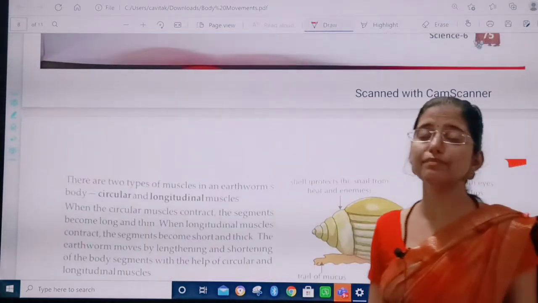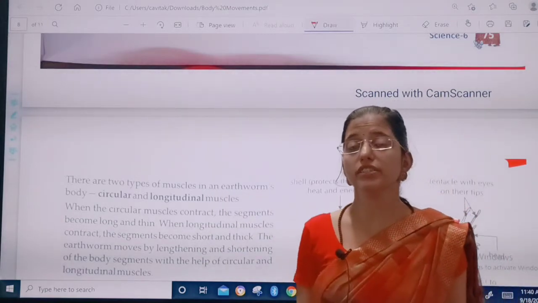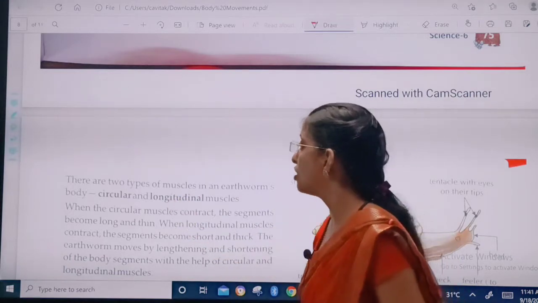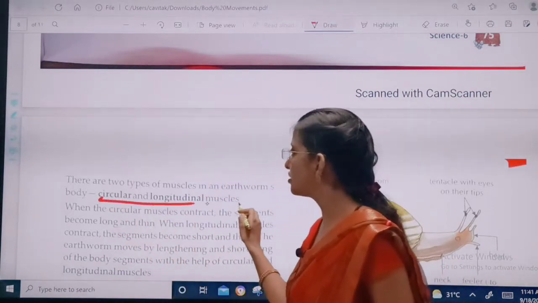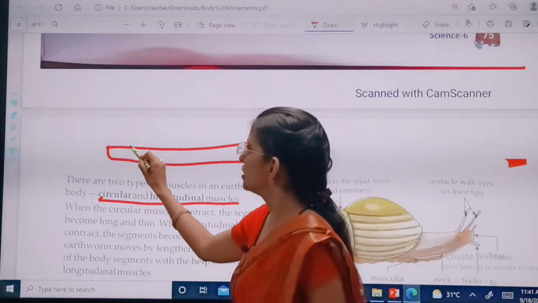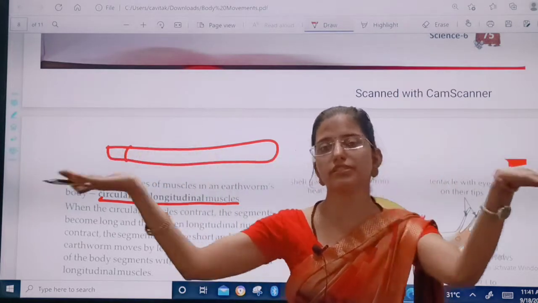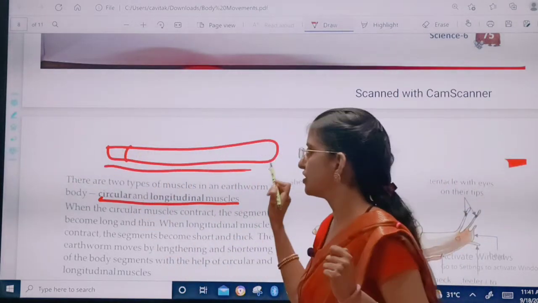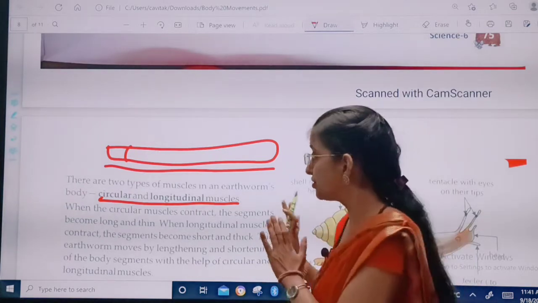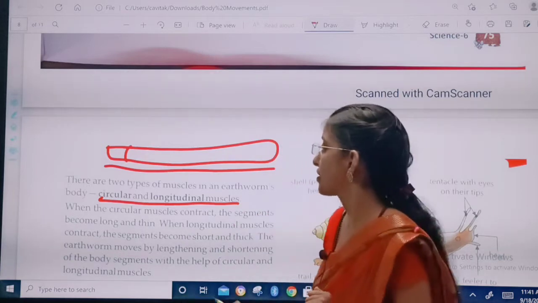There are two types of muscles on an earthworm's body. The first one is the circular muscle and the second is the longitudinal muscle. Circular muscles, if this is the earthworm, then circular muscles are present like this, and longitudinal muscles are present like this. Okay, now you have to study very seriously, pay attention.